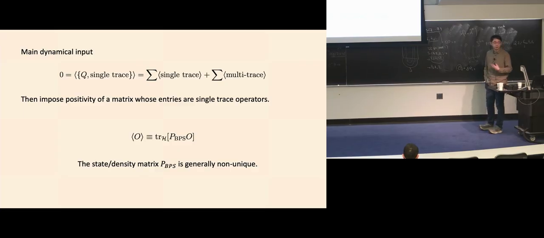You can consider P_BPS for various charge sectors and also superpositions of them, so it's not a unique choice. But you can try to input what P_BPS you are interested in by specifying some expectation value of single trace operators, let's say single trace operators that correspond to some conserved charges. You can specify their value, and then you will be focusing on some particular BPS states in some charge sector.